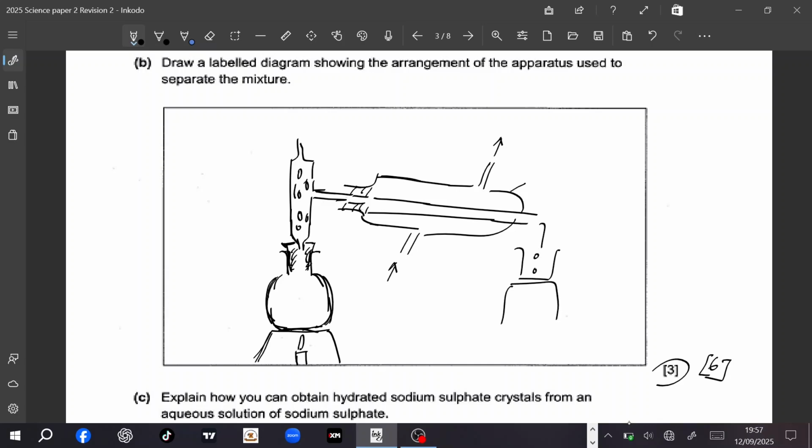So this one is a Liebig condenser. You label them. Then this one is a fractionating column. Then this one can just be a flask.